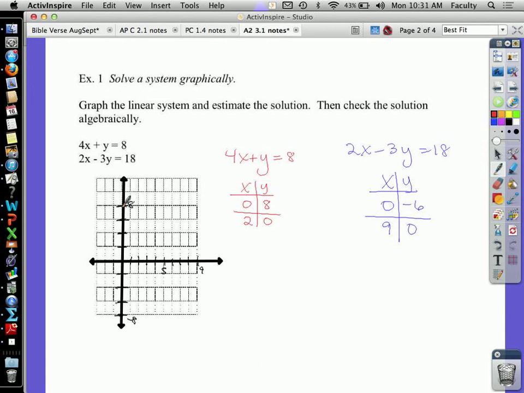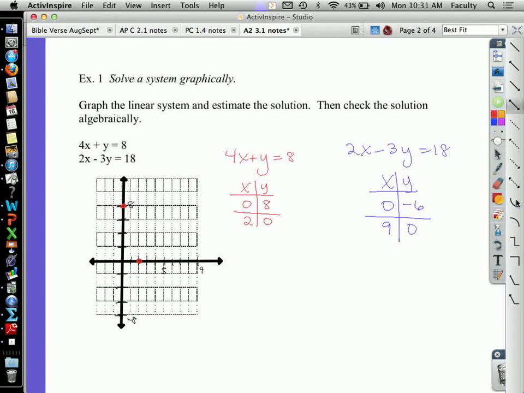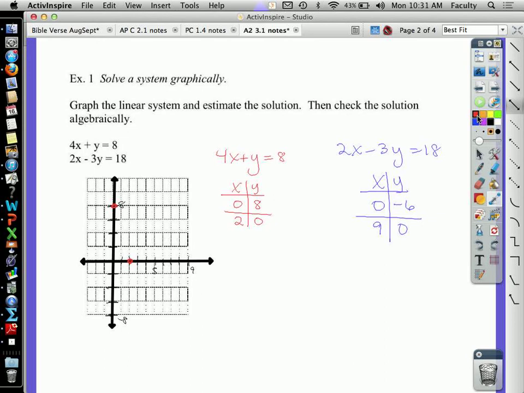If I have 0, 8, and then 2, 0, I'm going to draw a line. Oh, that's really bad. There we go, better.